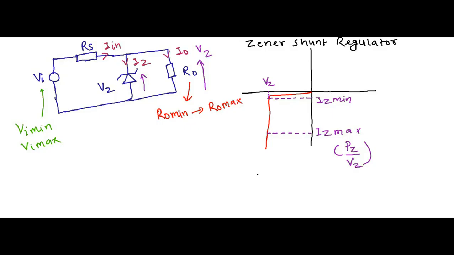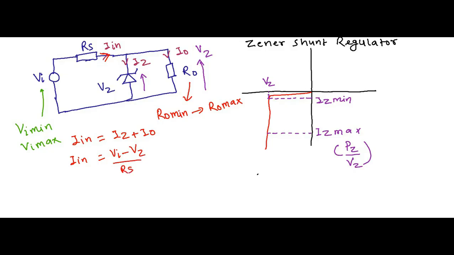So if you calculate the input current I in here, what is going to be I in? I in equals to Iz plus Io. If you want to calculate I in, it equals the input voltage Vi minus Vz, the Zener voltage, divided by the resistance value Rs.